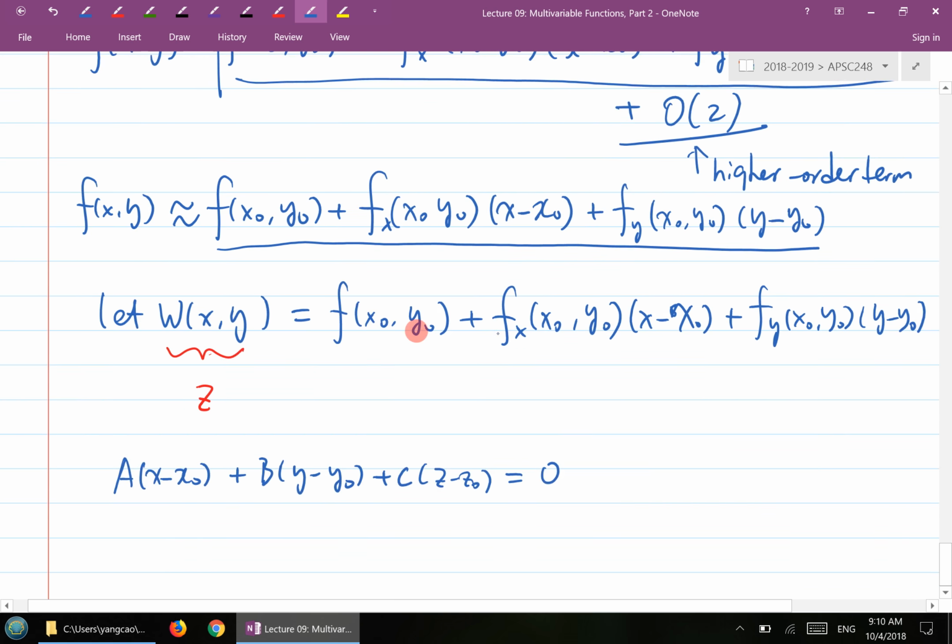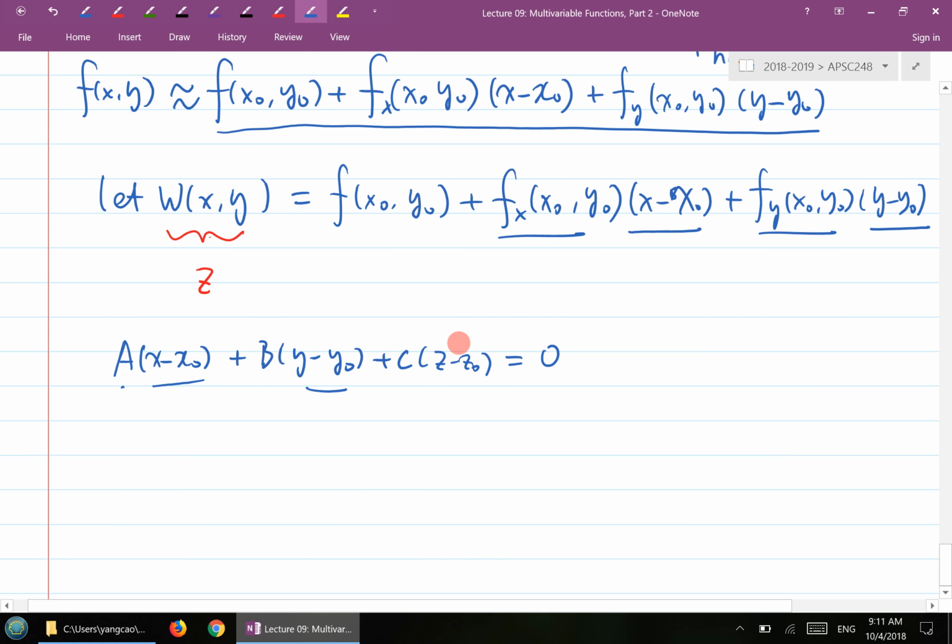Not quite exactly the same because here you have a z. Maybe I'm going to move this one over to this side. But irrespective, this is x minus x naught, this is y minus y naught, and this is your partial f with respect to x at this location, partial f with respect to y at this location. That's your a, that's your b. That makes sense, right?